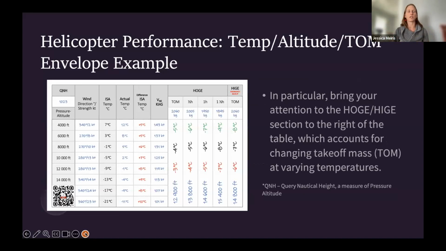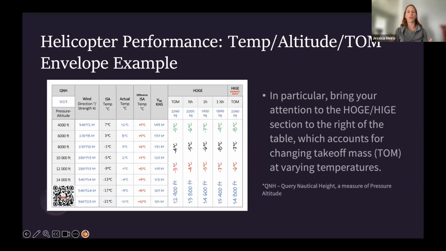In particular, bring your attention to the right side of that chart, where there's a takeoff mass, TOM, that's changing throughout time as you burn fuel, while also accounting for changing temperatures and altitudes. Maneuvering in mountain terrain often requires several different altitudes, and it's good to know what your overall envelope, your performance parameters, are in a bigger picture, as well as your specifics for your limitations, like a hover ceiling or manifold pressure setting or torque for that particular day.